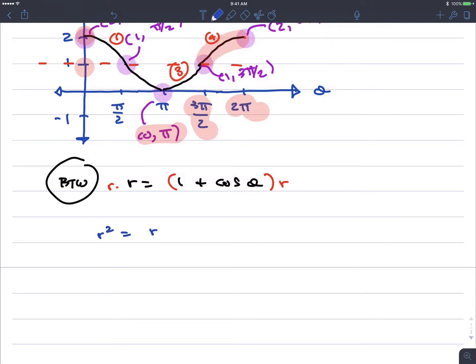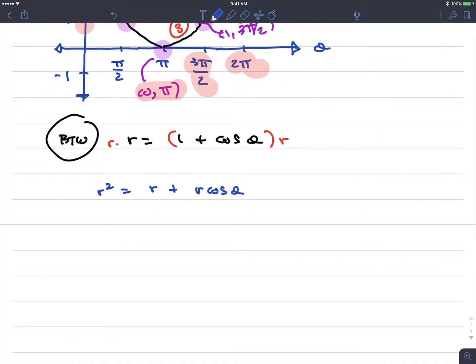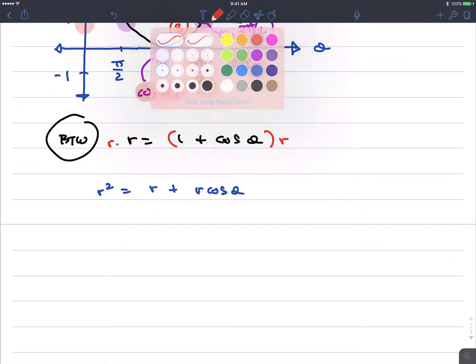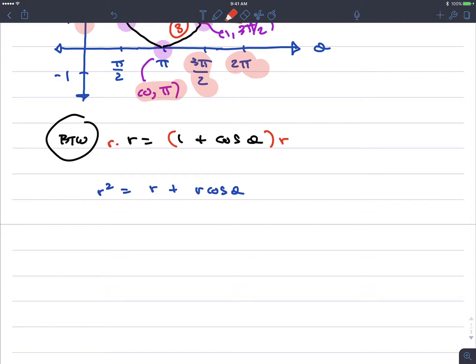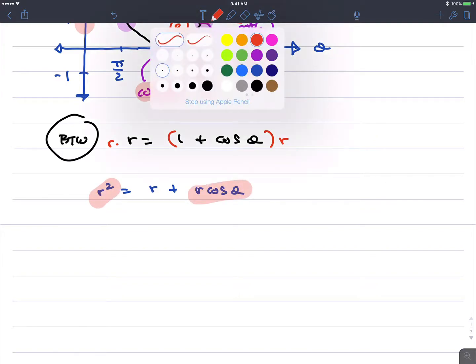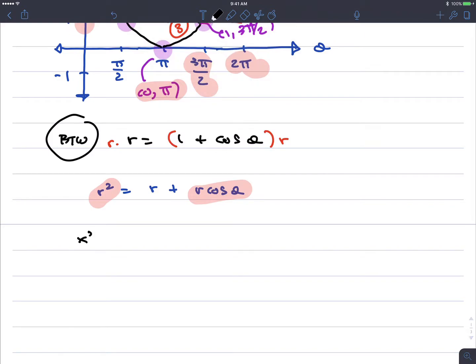R squared now will be r plus r cosine theta. And what did you replace this r squared with yesterday? And the r cosine theta? Yeah, this is going to be x squared plus y squared.